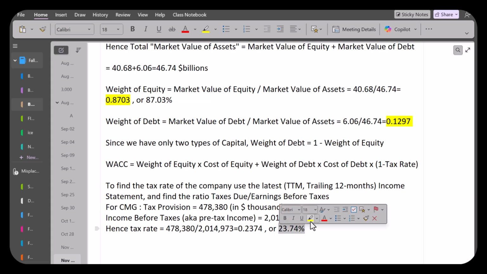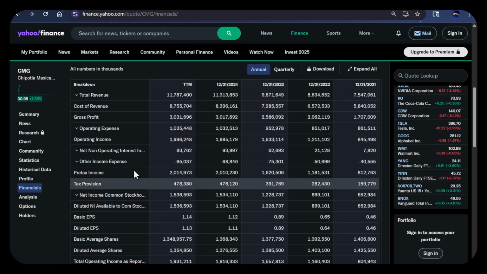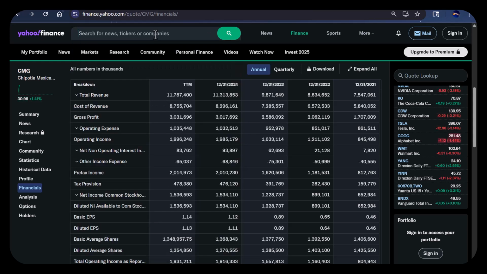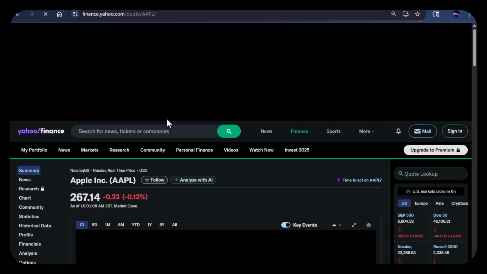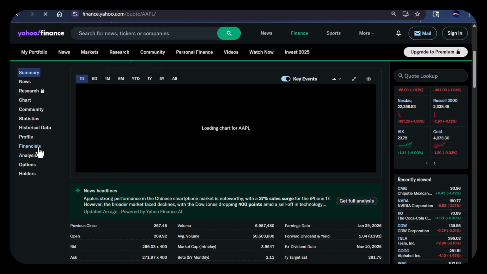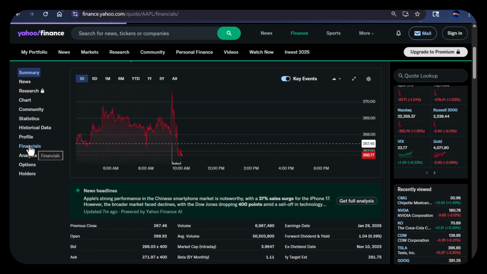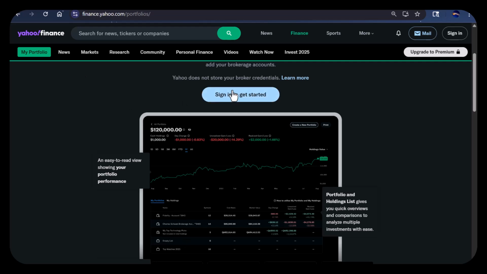That's actually pretty high. And as an example, let me show you. Example. Come on. What is going on here? I don't want to sign into anything.